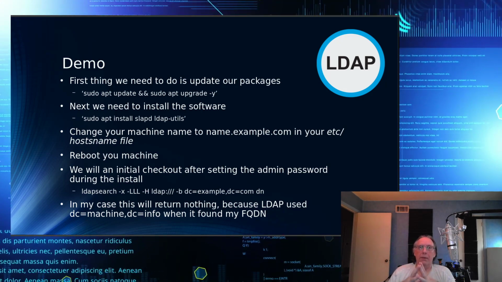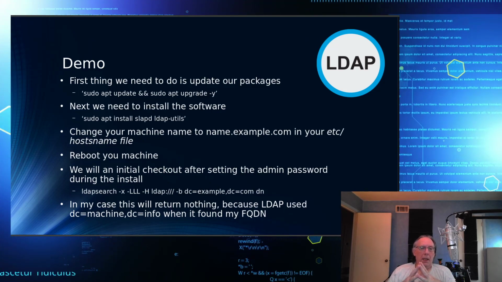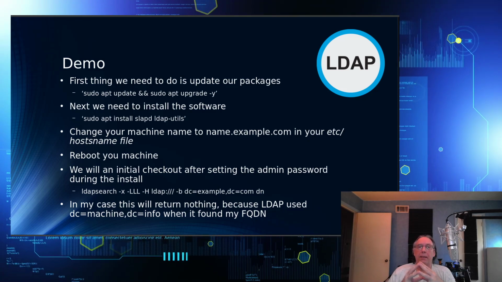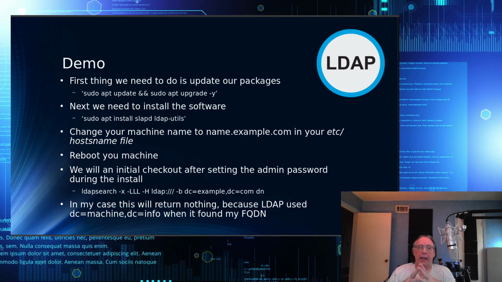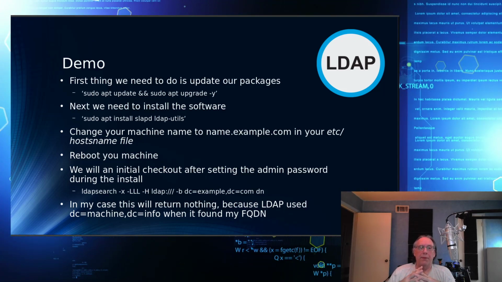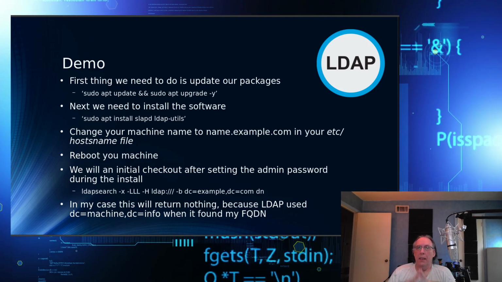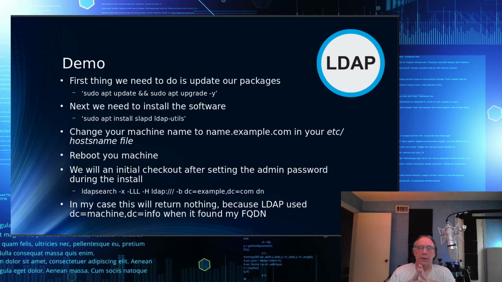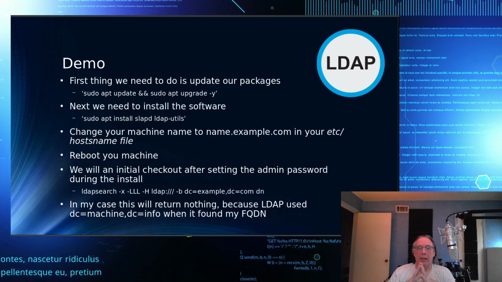That's equivalent to localhost, and of course that would be using port 389. The -b is the base search, and we're giving it dc=example,dc=com. If you're using a different fully qualified machine name, you'll need to change that in order to get it to return anything.